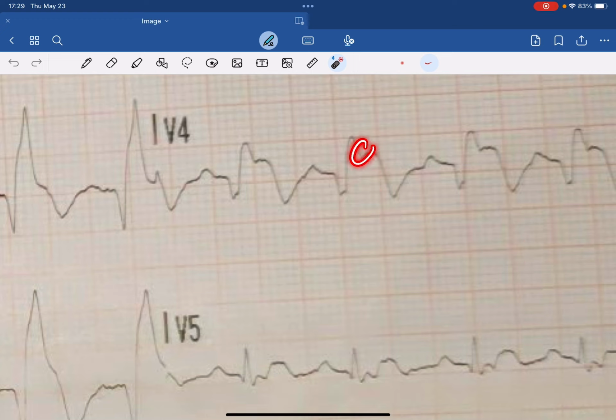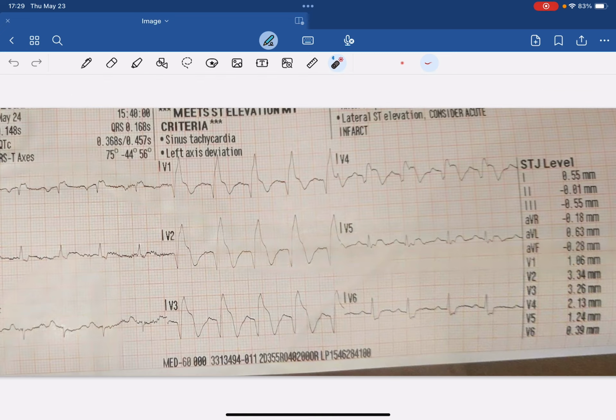Now that we have identified the J point correctly, we can measure this in relationship to the isoelectric baseline, which is here. If we draw a straight line between those two structures, we can very clearly see that this is in fact elevated over the isoelectric baseline, and it looks to be about 2 millimeters of elevation, which means that in this particular lead, that is concerning ST elevation, and that is pathognomonic for a STEMI.